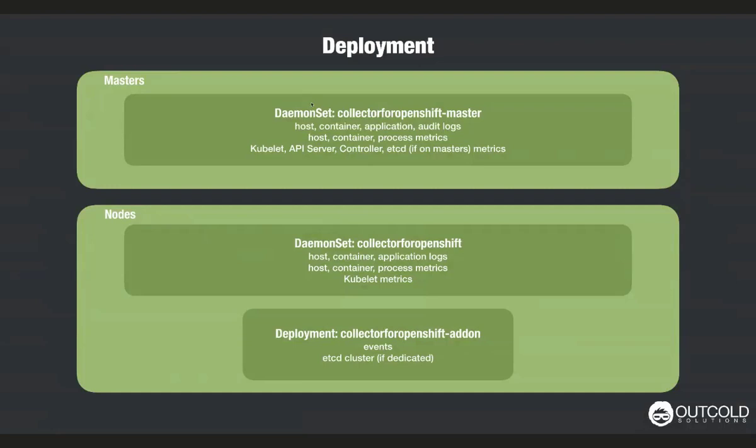Another daemon set is for the other non-master nodes where we don't need to collect control plane metrics, so we just collect the host logs, container logs, application logs, all the metrics, processes running inside and outside the containers, and some things like Kubelet metrics as well that help you find where you're spending your time when you're trying to launch something in OpenShift.